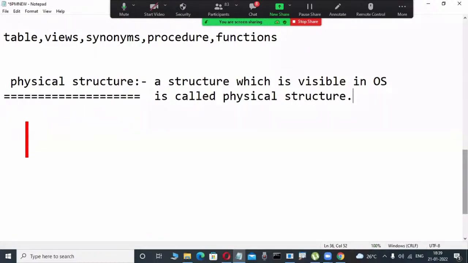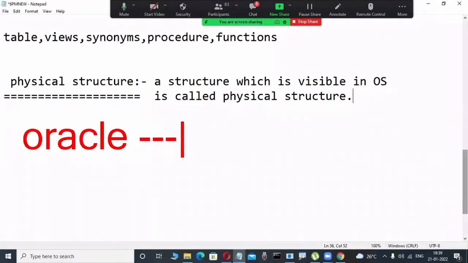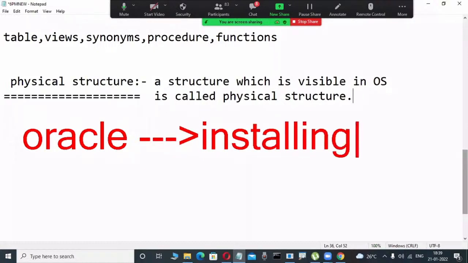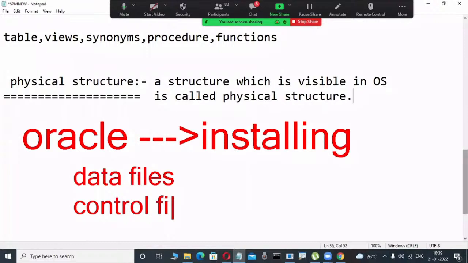Same like that, Oracle is a relational database software. MySQL, SQL Server, we are installing, for example. Whenever I'm installing Oracle, automatically physical files are created. Some physical files, called data files, .dbf files, control files are created, and also redo log files are created.